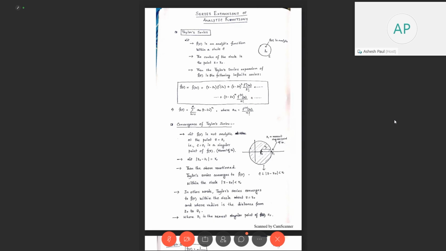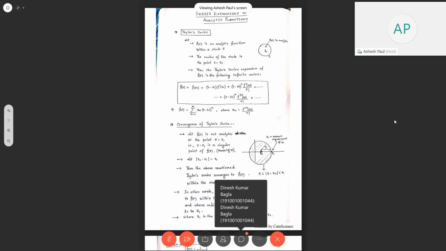Suppose f(z) is an analytic function within a circle C, and the center of the circle is the point z equal to z0. See the diagram. There is a circle C whose center is at the point z0, and f(z) is analytic within the circle.